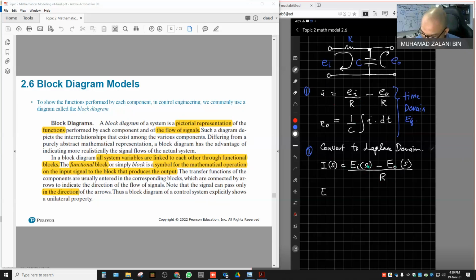The voltage at the output, E naught, is a function of S, the integration of current, which in the Laplace domain is I of S over C.